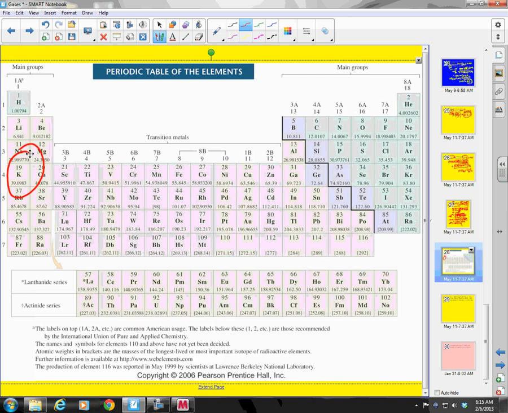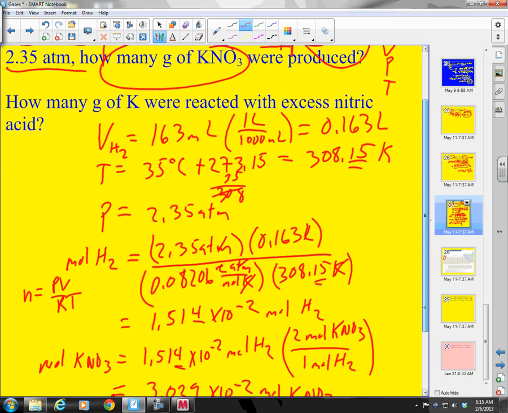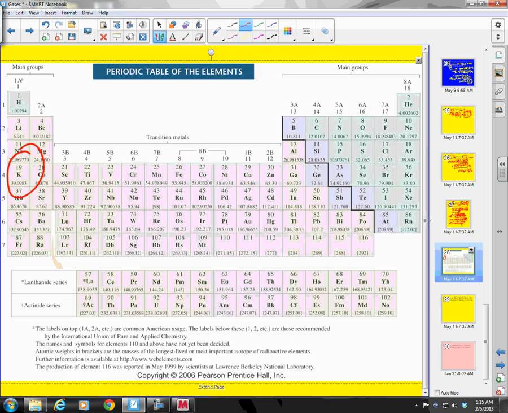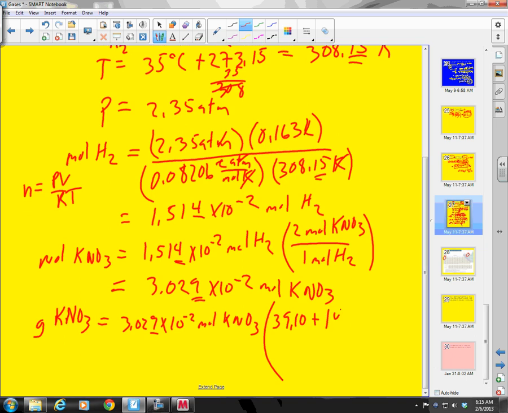Plus nitrogen, 14.01, plus oxygen, 16.00 times 3, and that is grams per 1 mole of KNO3.